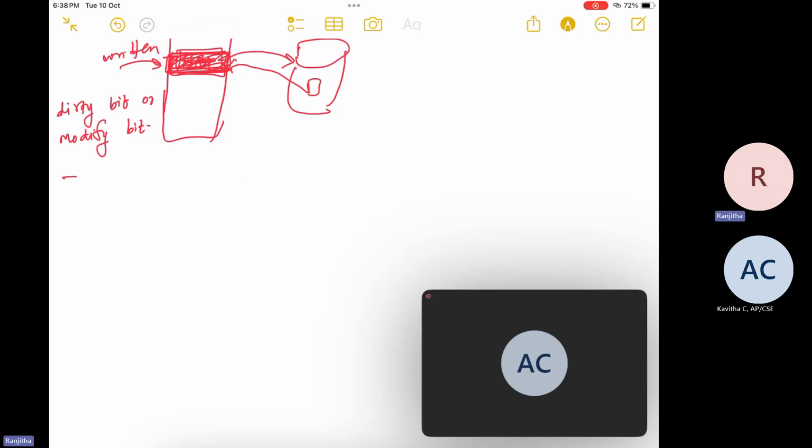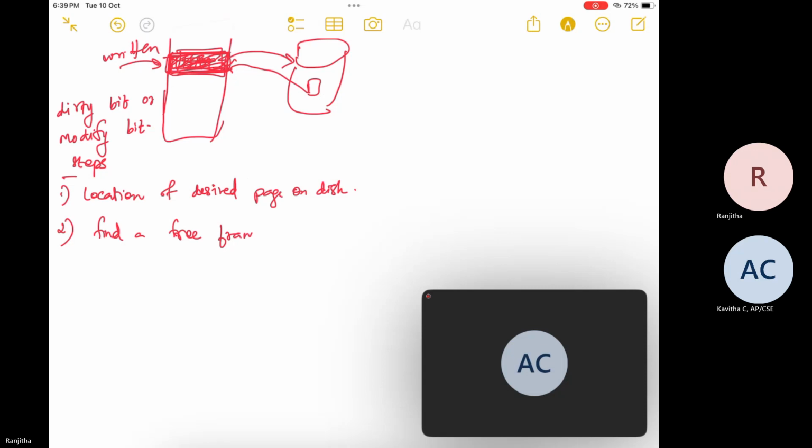So what are the steps of page replacement? First, we find the location of the desired page on the disk. Then find a free frame. If not, select a victim frame. If you are selecting a victim frame, check if the dirty bit is set.